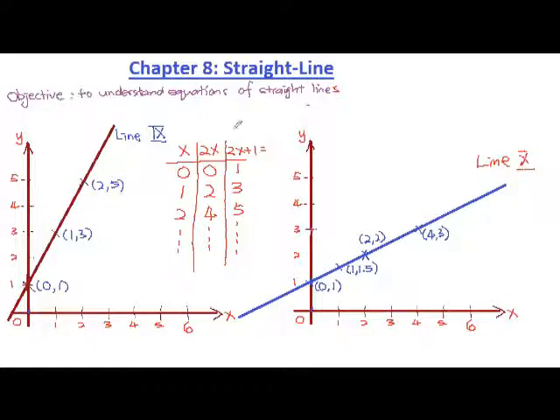And since this expression gives us the value of y, we can write the equation as 2x plus 1 equals to y. Thus, 2x plus 1 equals to y is the straight line equation for line 9.